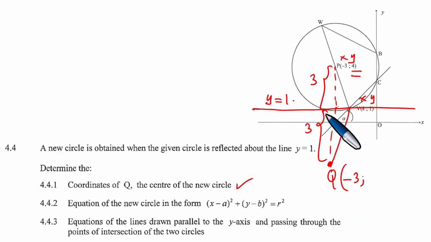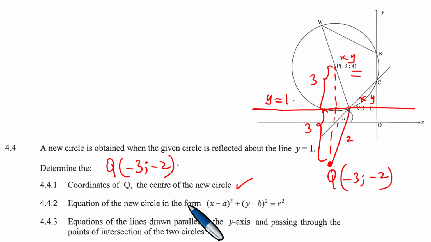If the distance is 3, what does it mean? This one is already 1, so you need 2 here. So if you need 2 here, this is going to be at -2. Therefore the coordinates of Q are clearly -3 together with -2.